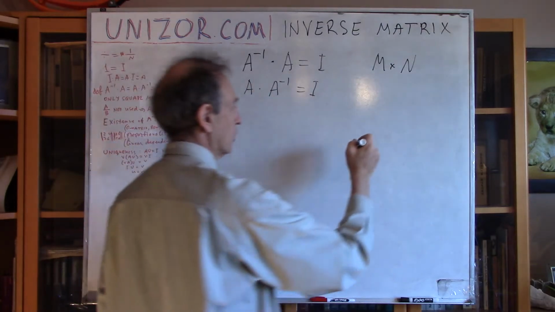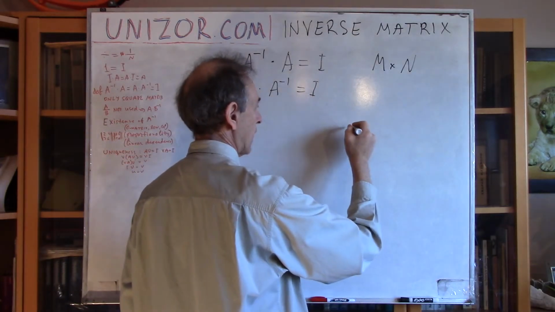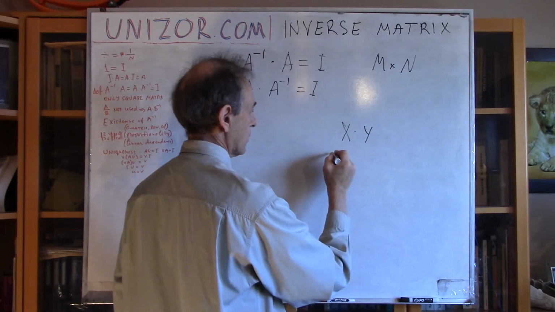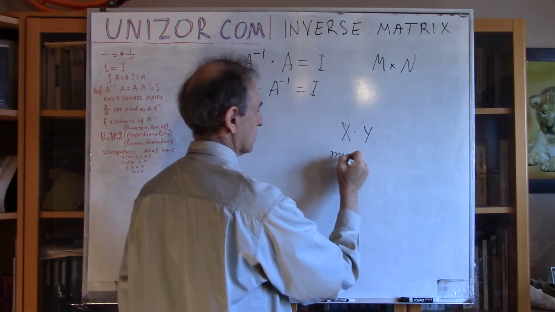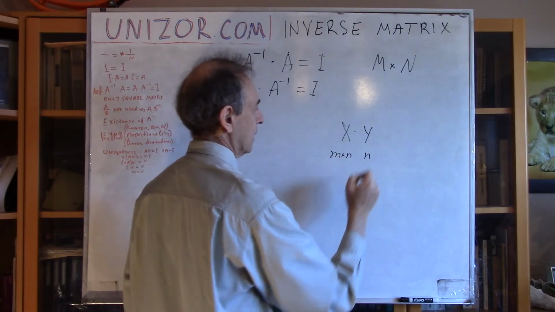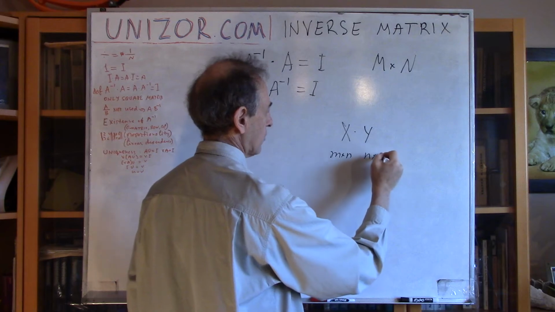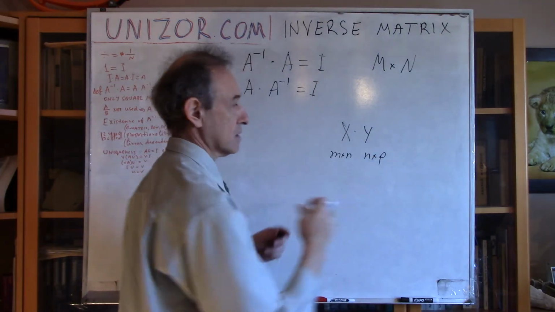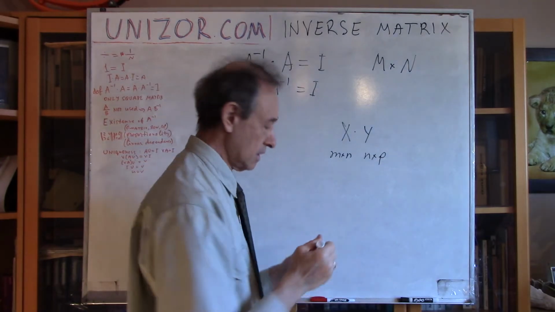Remember, if we have two matrices which we would like to multiply one by another, now if this has dimension m times n, m rows, n columns, this should have n rows and whatever number of columns, right? Otherwise the multiplication is not defined.